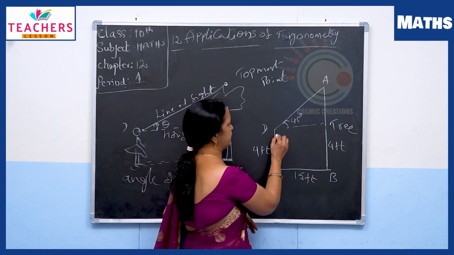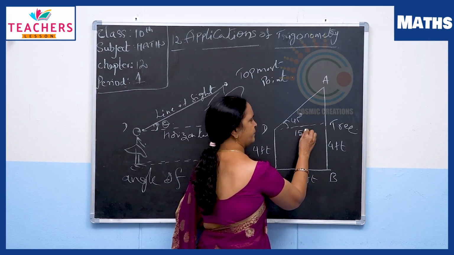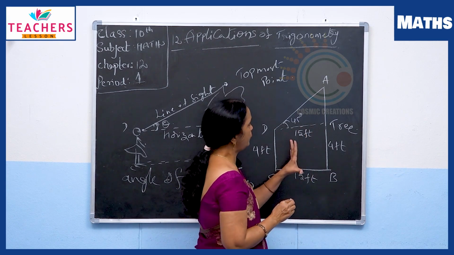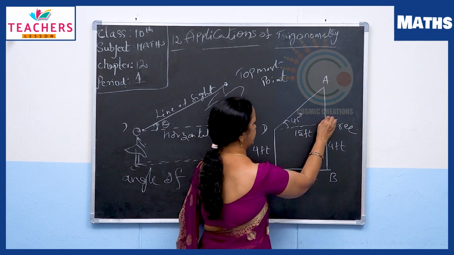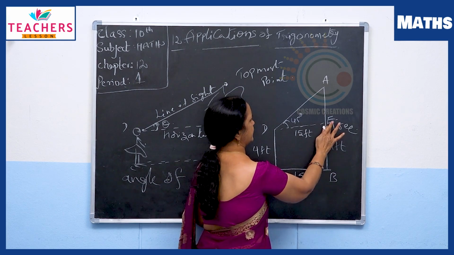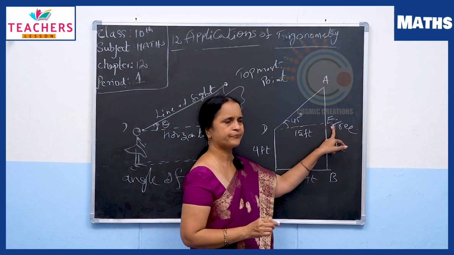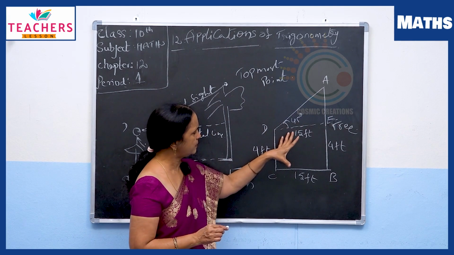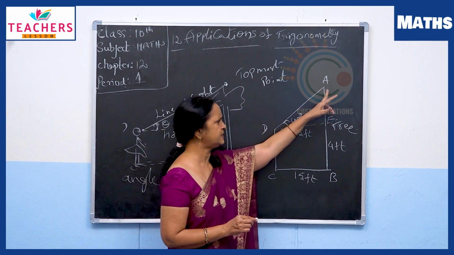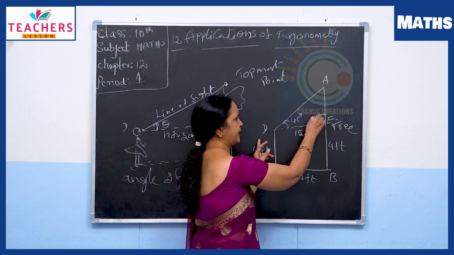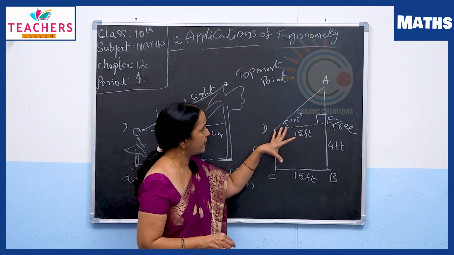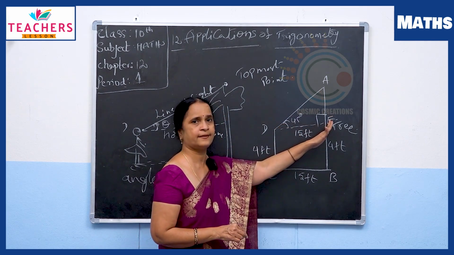If it is 15 feet, we need to find A, B, C, D, where it intersects I am writing as E. How many triangles are there here? AED is a right angled triangle. From that we need to find AE.